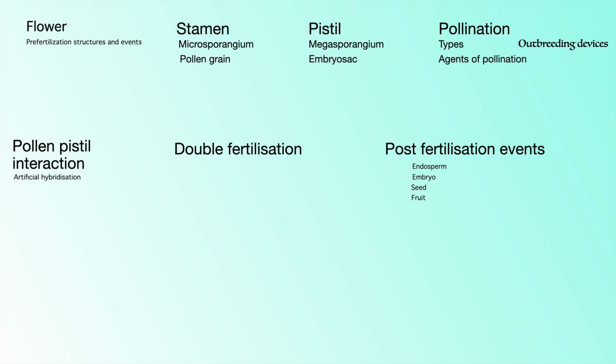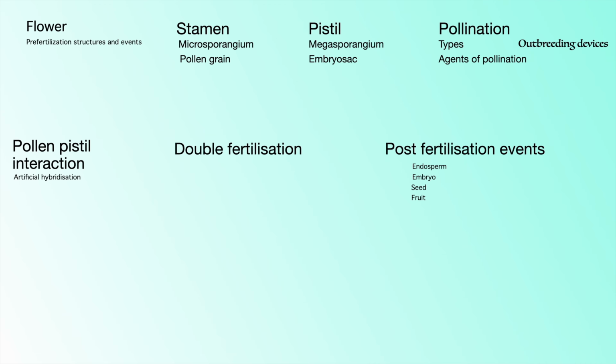Endosperm. If you see the endosperm development, its development precedes embryo development. That is, first endosperm gets developed, then the development of the embryo starts because endosperm provides nutrition to the developing embryo.